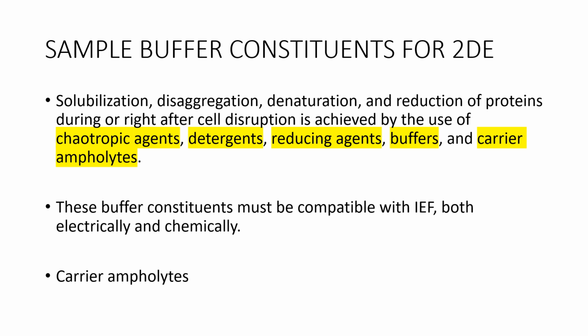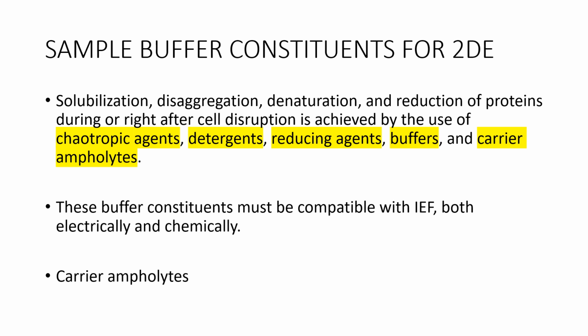The sample buffer for 2D is based on solubilization, disaggregation, denaturation, and reduction of protein during or after cell disruption, which is achieved by the use of chaotropic agents, detergent, reducing agent, buffers, and carrier ampholytes.